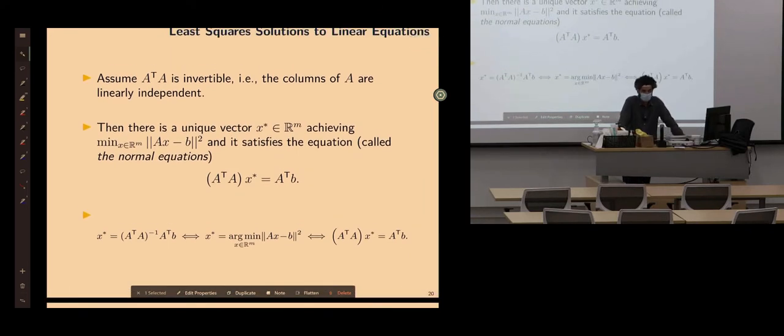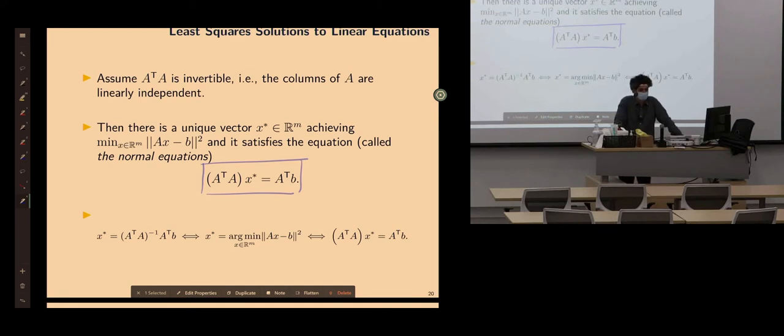Now, if that's the case, then there's a unique vector x that achieves the minimum, and it satisfies this equation here. So the solution satisfies this equation, and this equation is very famous.